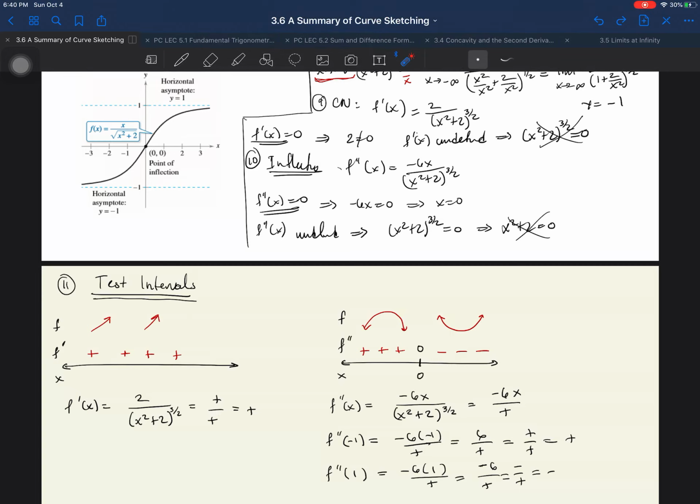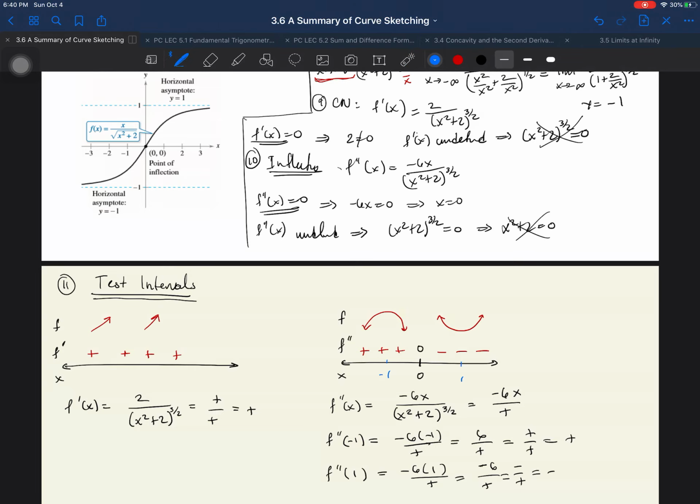What about concavity? So here's a number line for x's. We have x equals 0 as the possible inflection point, where the second derivative happens to be 0. So we're going to test -1 and 1, just random points on the left and the right.